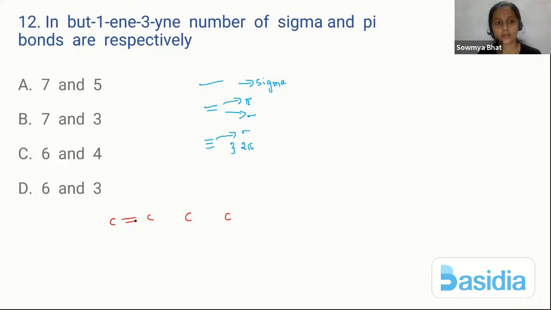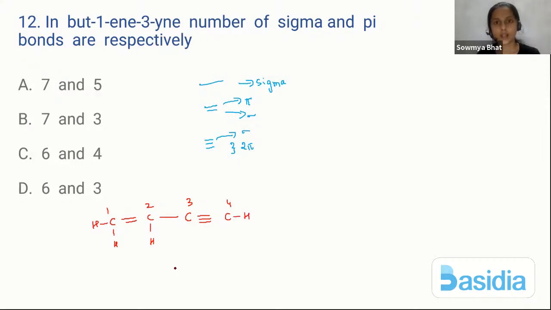So there is a double bond here. And at the third position, yne in the sense there will be a triple bond. Now let's write the number of hydrogen. Let's balance the valency. Let's complete the valency. This carbon has all the four bonds satisfied. So here there is one hydrogen.